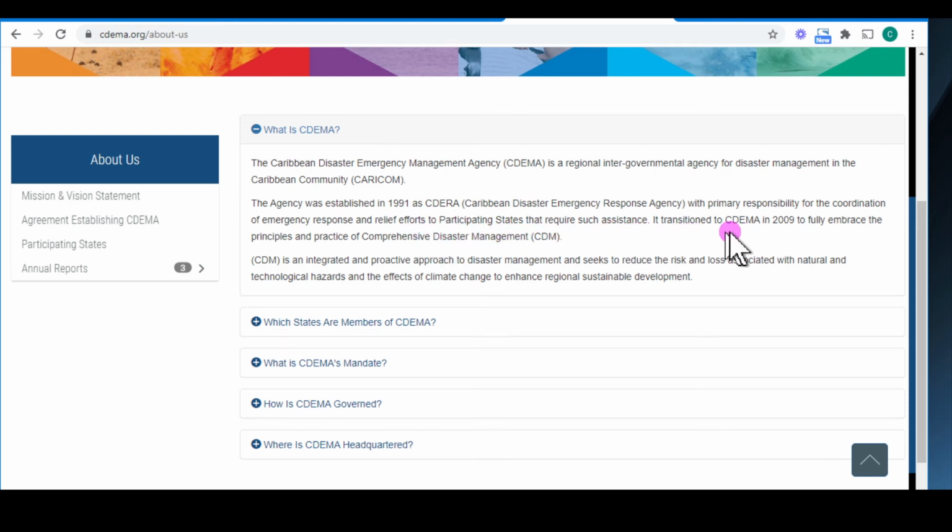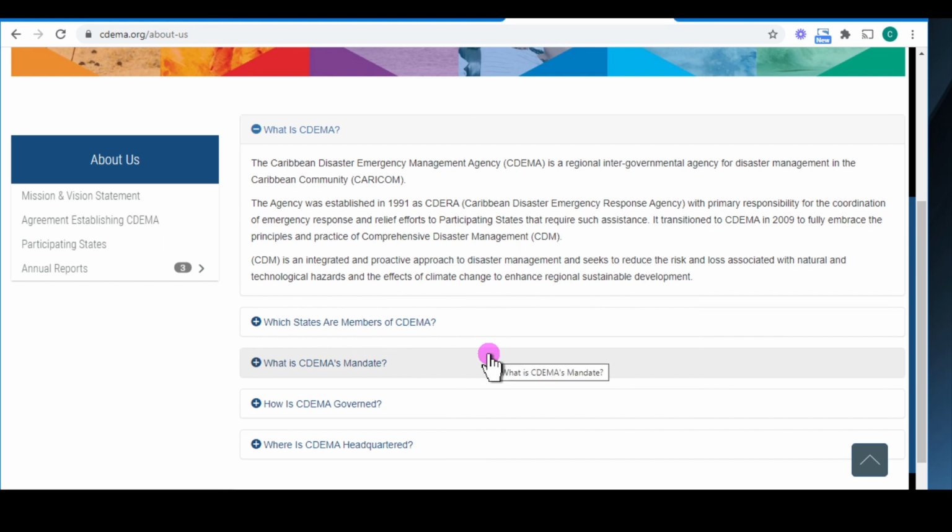It transitioned to CDEMA in 2009 to fully embrace the principles and practice of comprehensive disaster management. Comprehensive disaster management, CDM, is an integrated and proactive approach to disaster management and seeks to reduce the risk and loss associated with natural and technological hazards and the effects of climate change to enhance regional sustainable development.